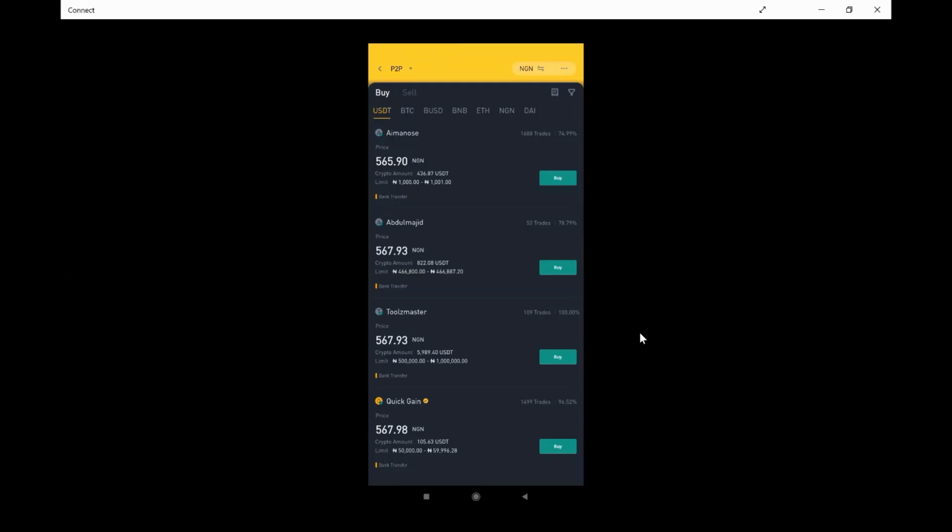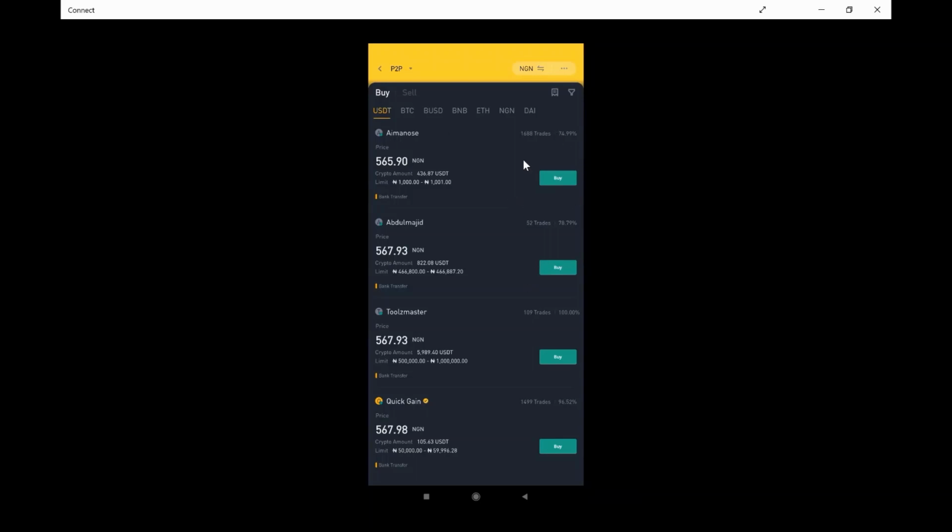Before now, we could just transfer money into Binance accounts, and Binance would credit us with the corresponding cryptocurrency, whether it's USDT, BTC, or BUSD. But since that was not possible due to the memo the CBN released, I think, May 5th or May 9th, the only way to purchase cryptocurrencies was via P2P, which we are on right now.